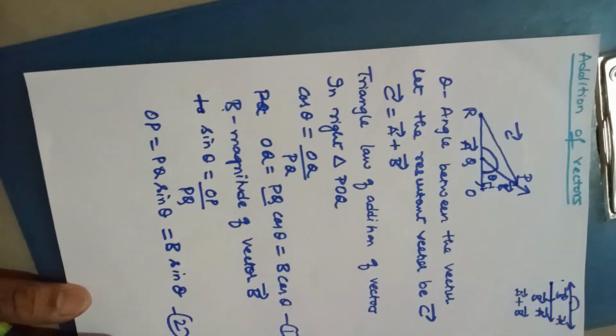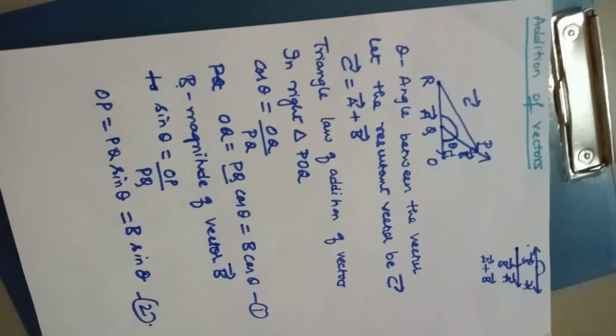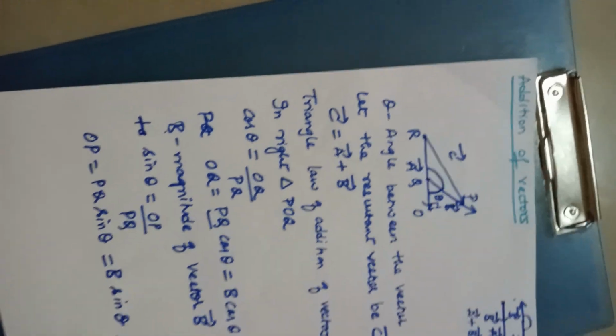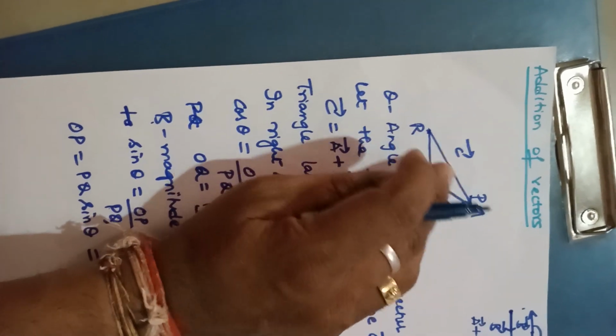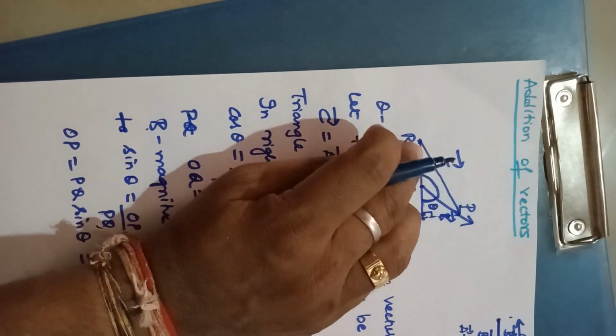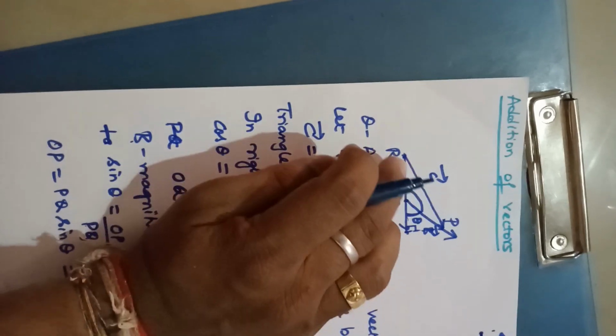Now what is it that we need to find out? We need to find out the formula to find the magnitude of the resultant vector C. So how do we find it? As I told before, the magnitude of vector C is represented by the length of PR.